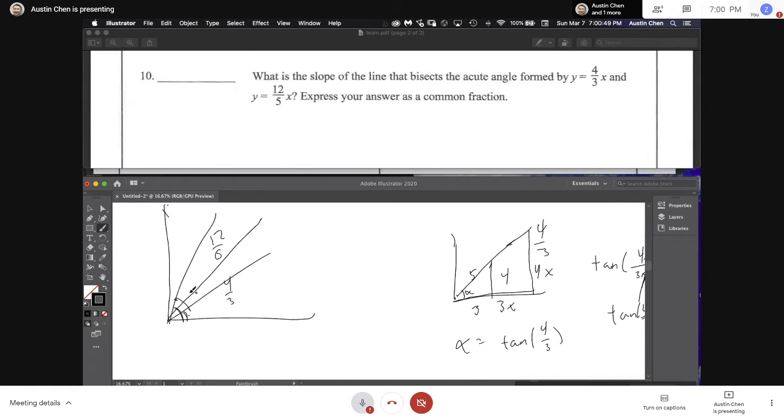Then you could halve it. Then you could add it to your 4/3 angle, and then you could arctangent it to get the slope of this middle line, the bisector line, because what I just did is going to give you the angle from this bisector line to the x-axis, and we said that that angle is the tangent of the slope, so we can take the arctangent of it to get the slope.